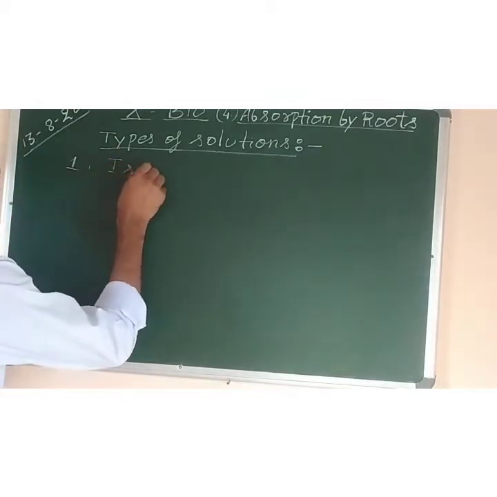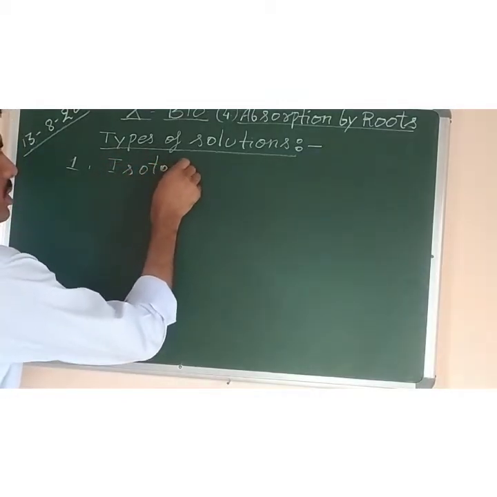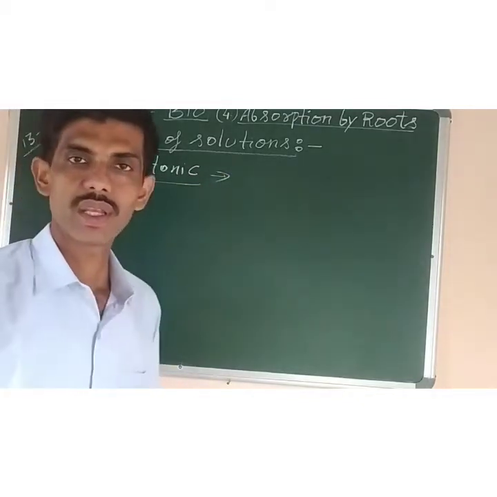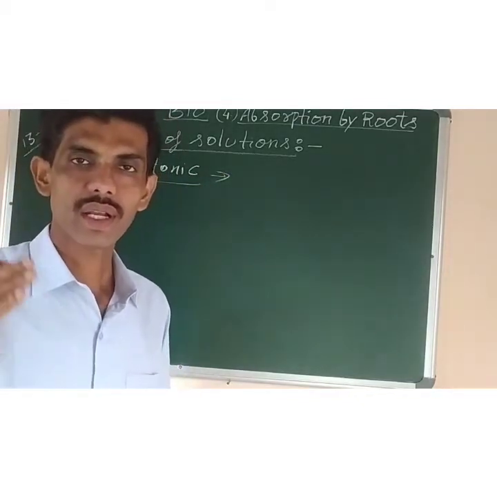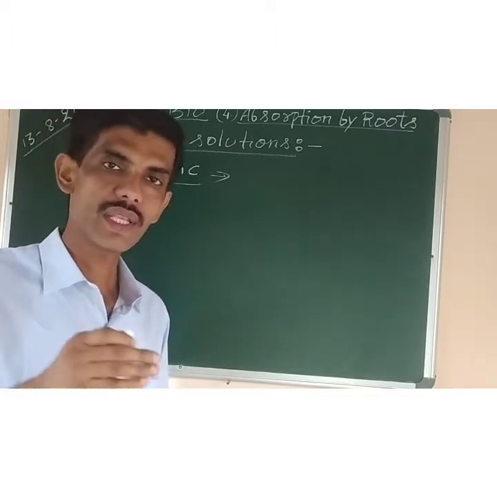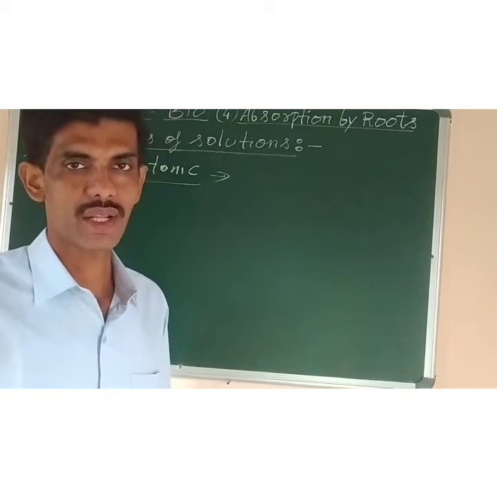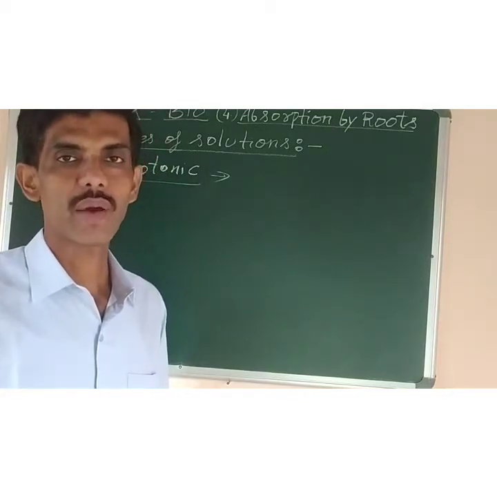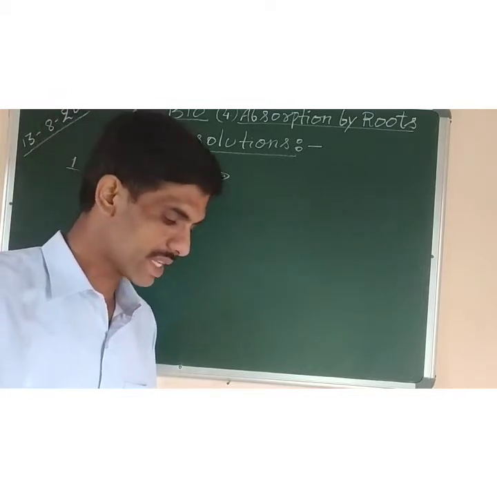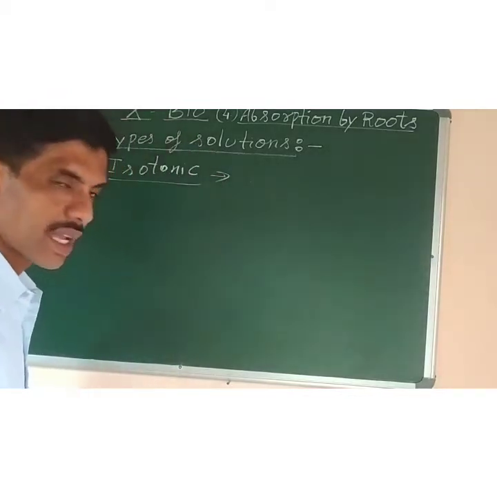So let's start with the first, isotonic solution. What is isotonic solution? A solution in which the content of the solute is equal both inside the cell and outside the cell. That is, an equal amount of water is present both inside the cell as well as outside the cell.